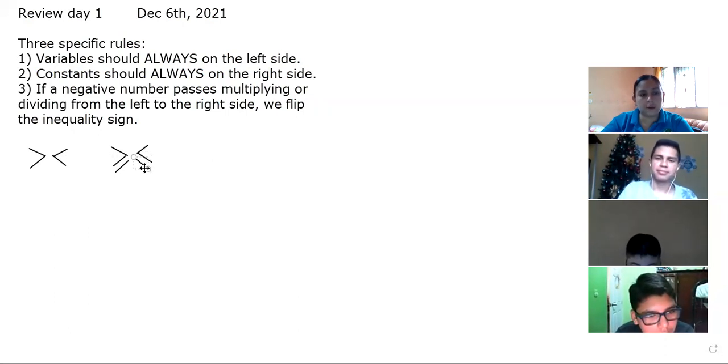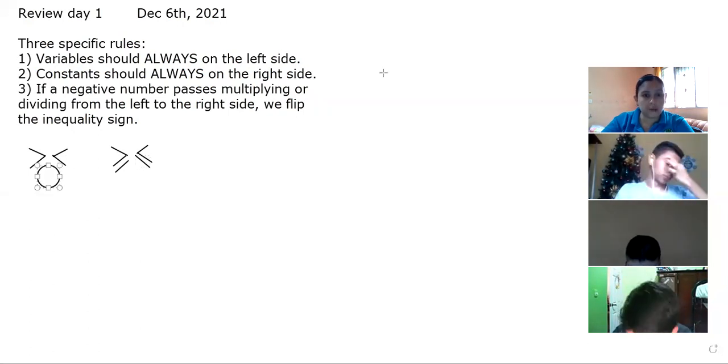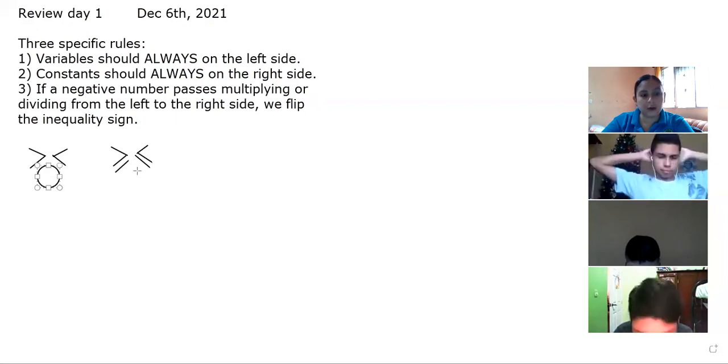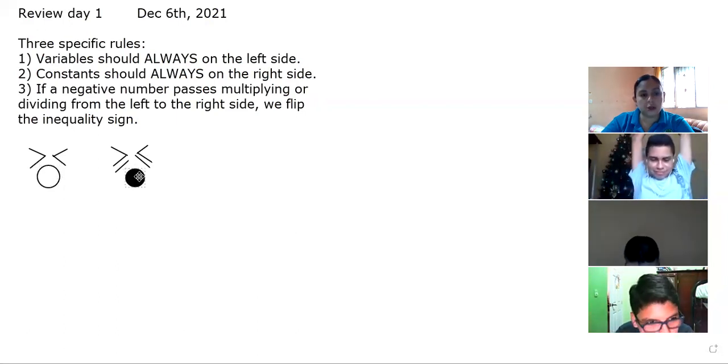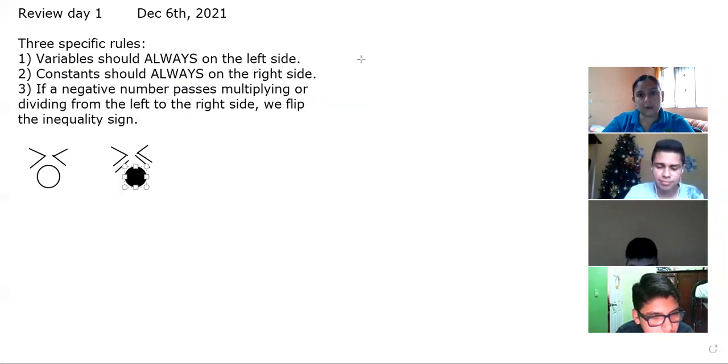You also need to remember that one of them is open, so you're going to graph it with an open circle, and the other one is closed, so you're going to graph it with a closed circle. Second thing that you need to remember is that the greater than or equal goes to the right when you shade it, and the less than or equal goes to the left once that you shade them.